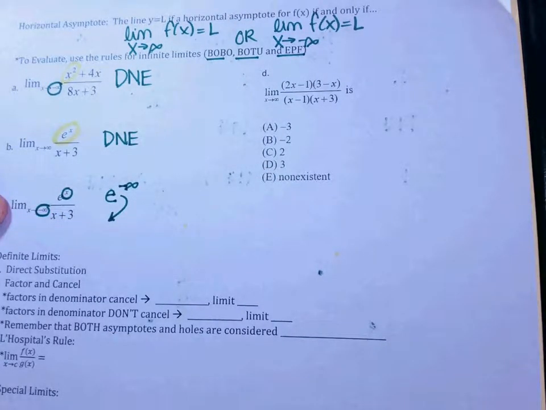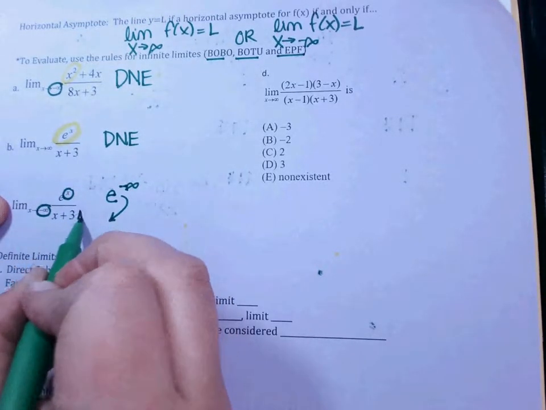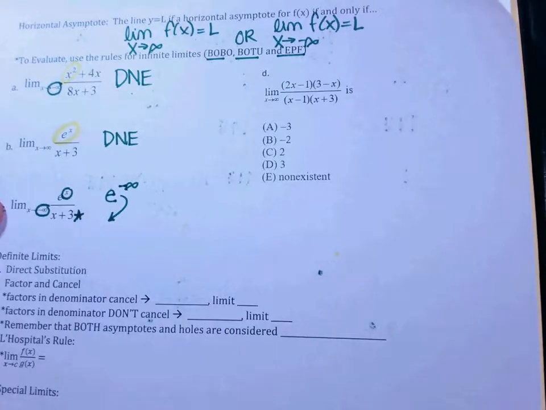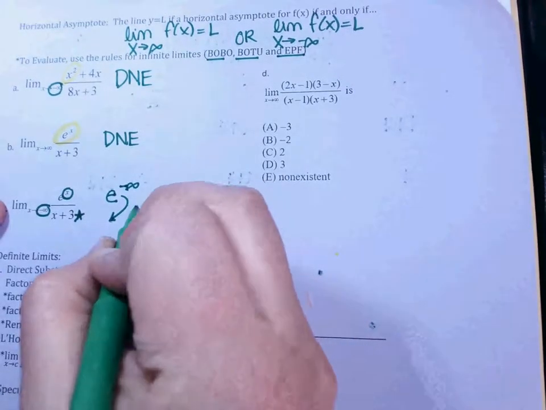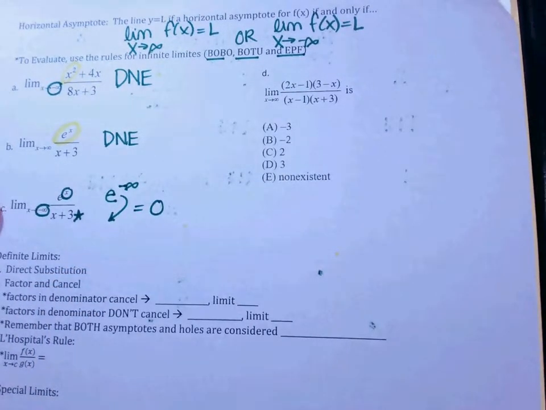Do y'all remember talking about that? Okay, and so if my e term ends up down here, now who's bigger, top or bottom? Bigger on bottom, so it would be, good job, 0. Okay? Alright, give D a shot.